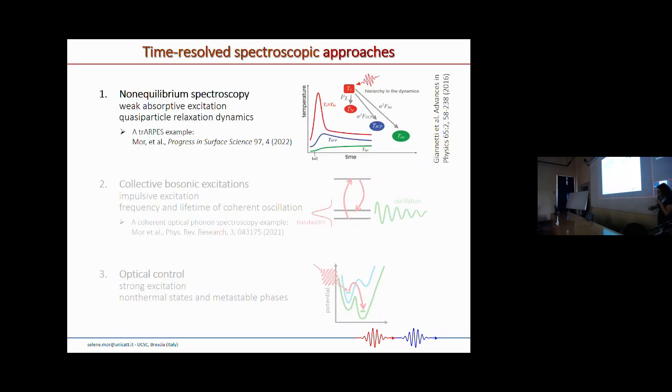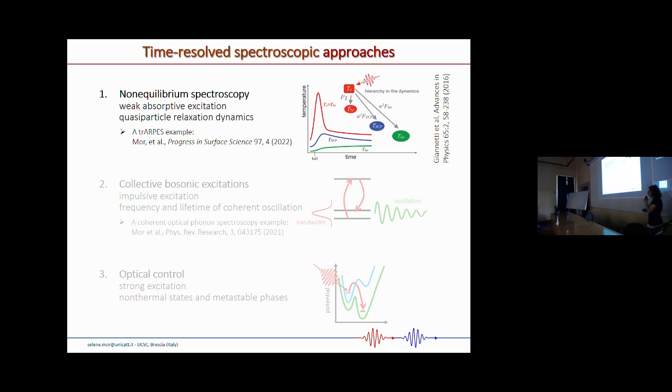Okay, so let's come to these three approaches that I was mentioning before, and get a bit more detail on the first one, which is the more standard one. If one wants to get access to excited states of the material, you have to go into a non-equilibrium situation and then apply the pump-probe scheme to follow the relaxation dynamics of quasi-particles.